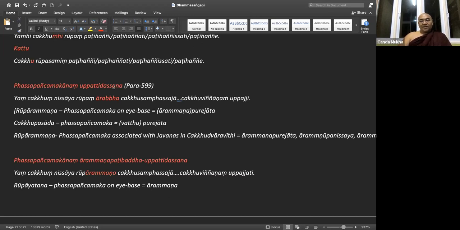With this word, dasido, imina, Cakkhu Nesaya Rupa Arabha, that has been shown. What does it show? Rūpasa pajaya bhavo. Rūpasa is all visible objects.